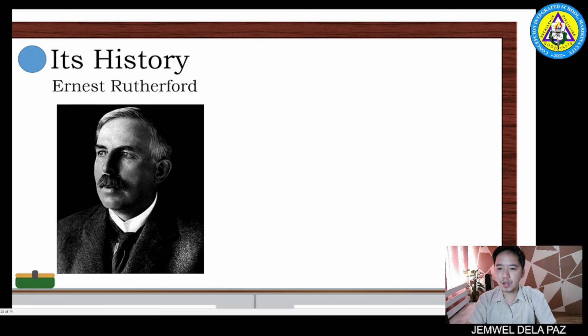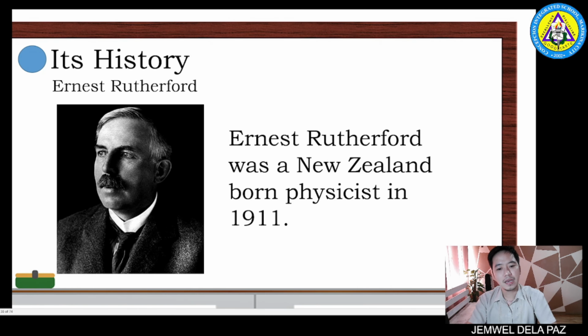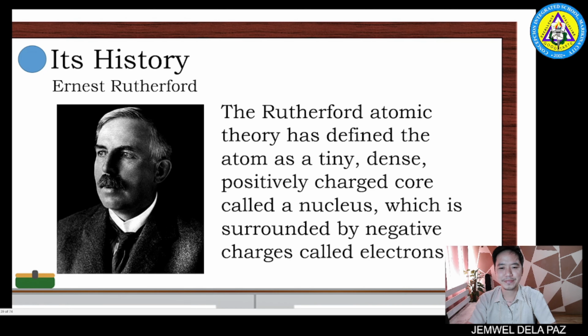This atomic model was proposed by Ernest Rutherford, a New Zealand-born physicist, in 1911. The Rutherford atomic theory has defined the atom as a tiny, dense, positively charged core called a nucleus, which is surrounded by negative charges called electrons.